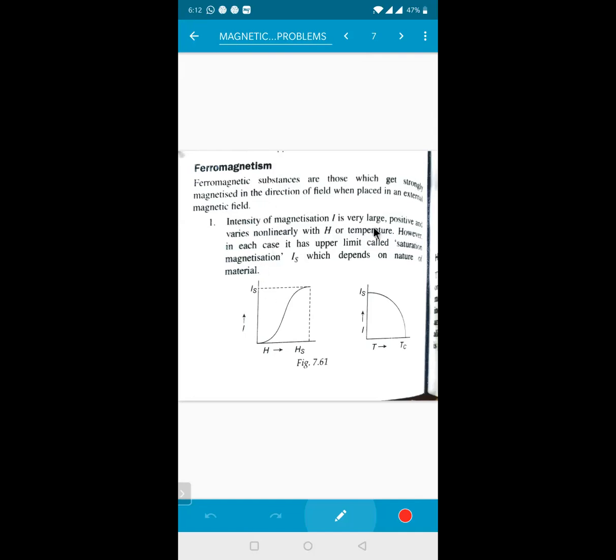So the intensity of magnetization is very large and positive, and varies non-linearly with H and with temperature. Got it?